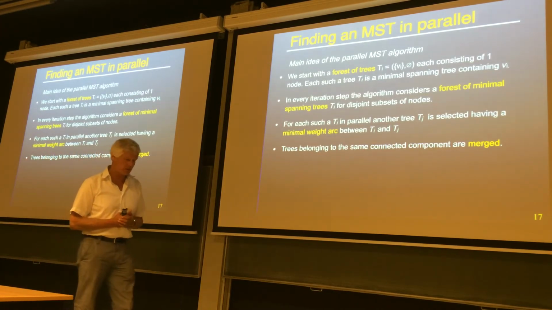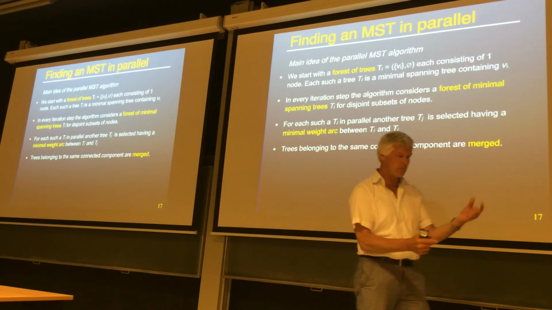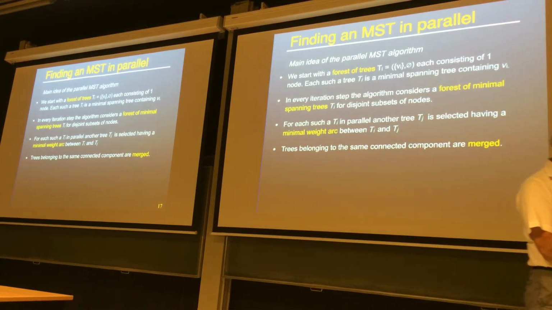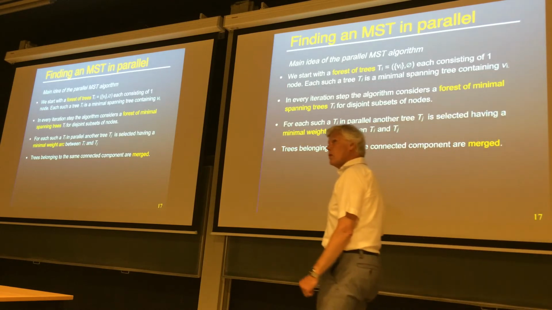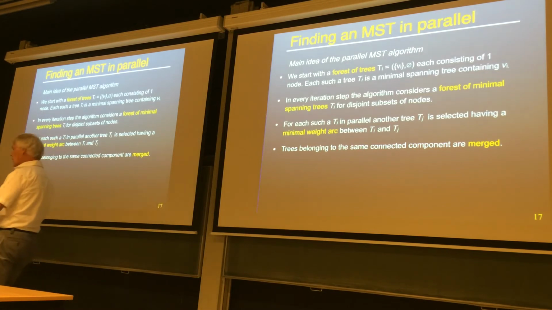Then, making use of our theorem that we just discovered, that if you take disjoint blocks and you find among all crossing edges that edge that has minimum cost, then that edge should appear in a minimum spanning tree of the resulting merged block. You merge all the trees that belong to the same connected component. So you have trees that are joined towards each other, and then you take as your new component the result of merging.